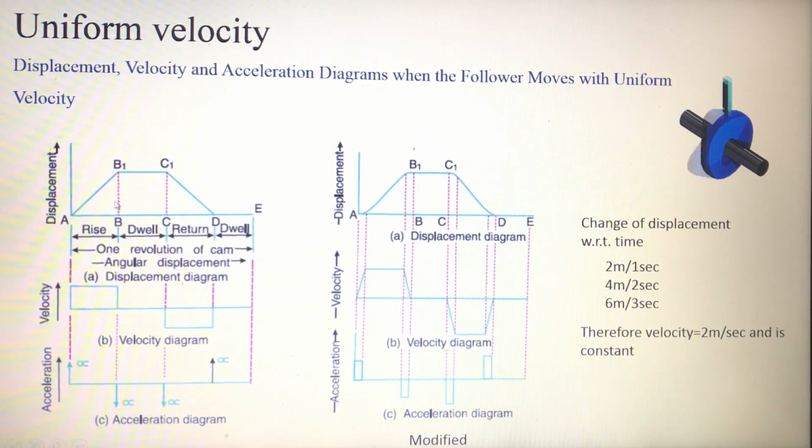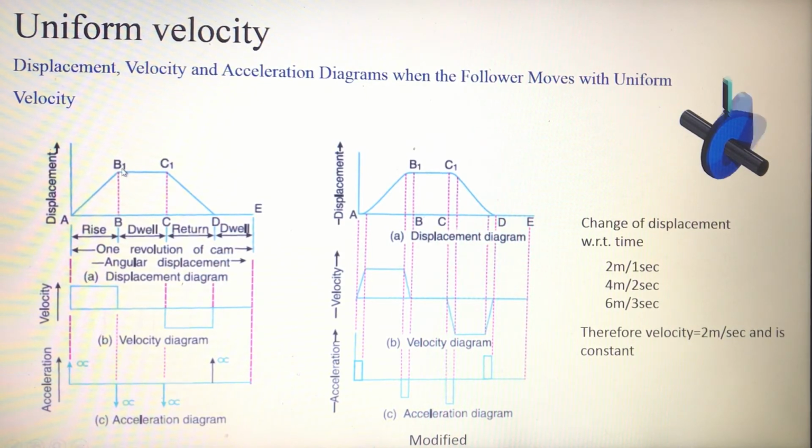Then this velocity is not going to change. It remains 10 meter per second from A to B1, so there is no change in velocity, and acceleration is 0 in this region.